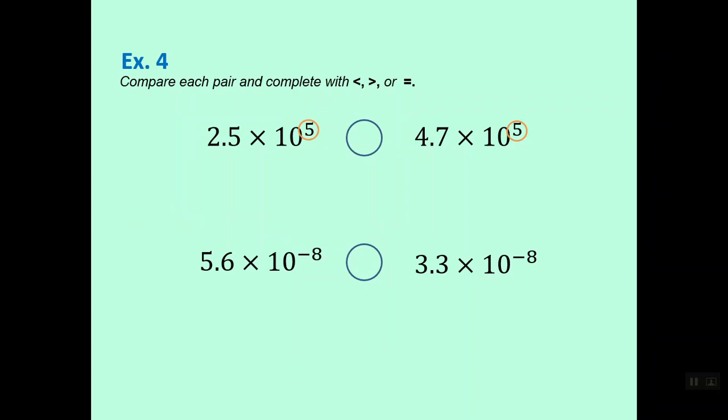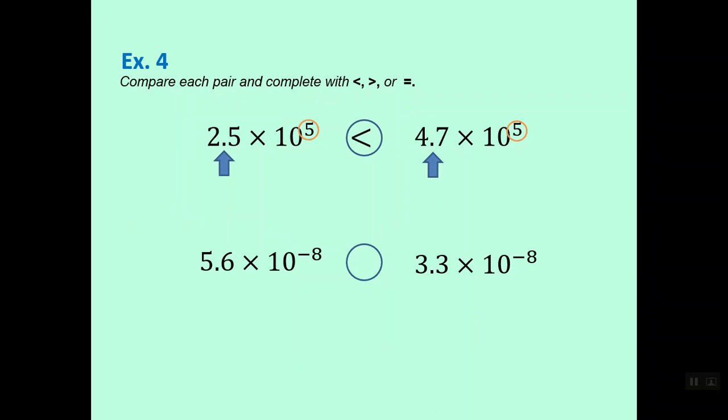Well, let's see here. The factor in our first scientific notation set is 2.5. Our other factor is 4.7. So knowing that we're going to be shifting that decimal to the right 5 spaces on both, we can safely say that 4.7 times 10 to the 5th power is greater than 2.5 times 10 to the 5th power.